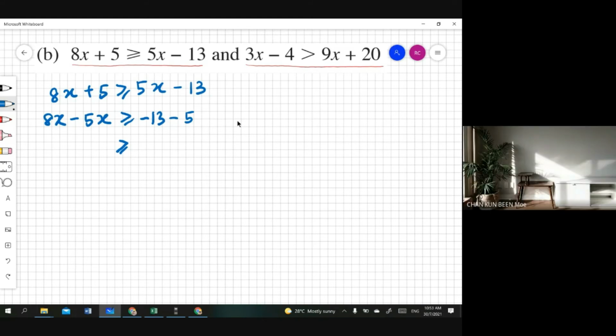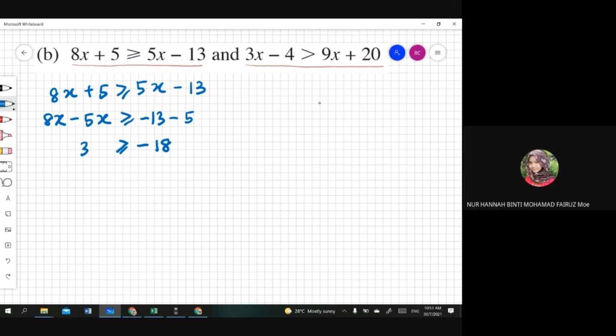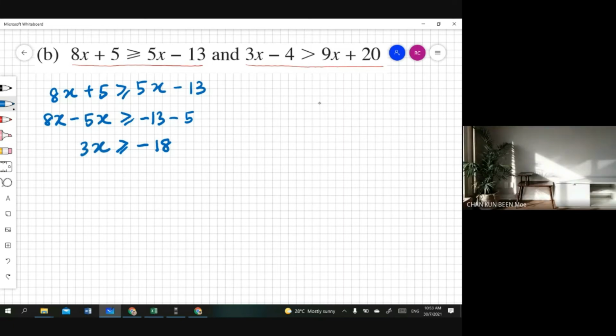Wow, great. So negative 13 minus 5, negative 18. And x minus 5x equal to? 3x. So we can get the answer already. X is negative 18 divided by 3. We don't change the sign because it's positive 3. Therefore, the answer is x is greater than or equal to negative 6.